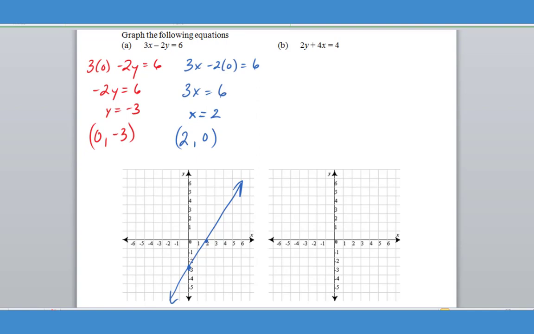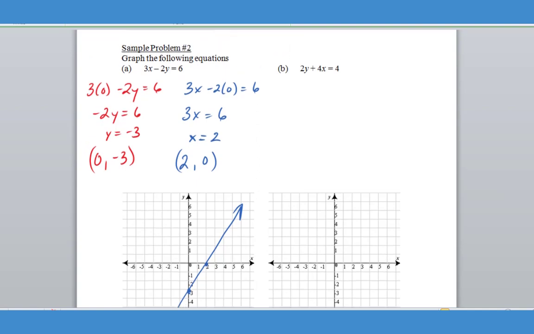Now if I decided to use the shortcuts here, I could run into a little problem with part B, and here's why. If you notice, it's 2y plus 4x, and of course the standard form of an equation should be ax plus by equals c. So if I was going to do that, I would have to just be very careful and maybe even elect to change the order of this.